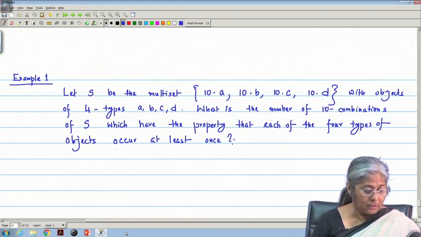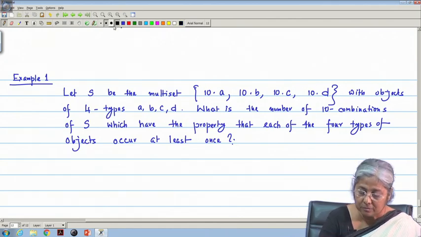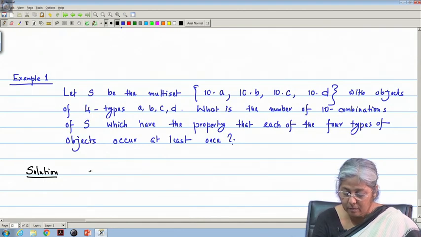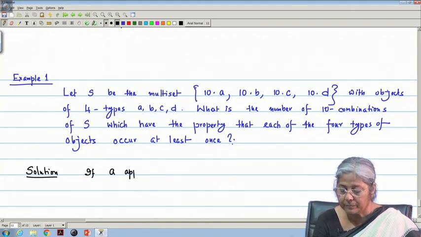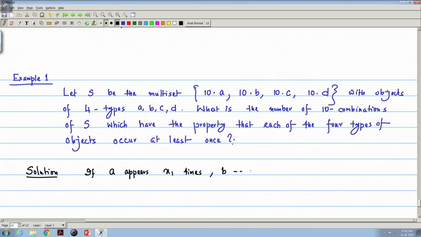Now, if we consider the solution, say A appears x1 times, B x2 times, C x3 times and D x4 times.